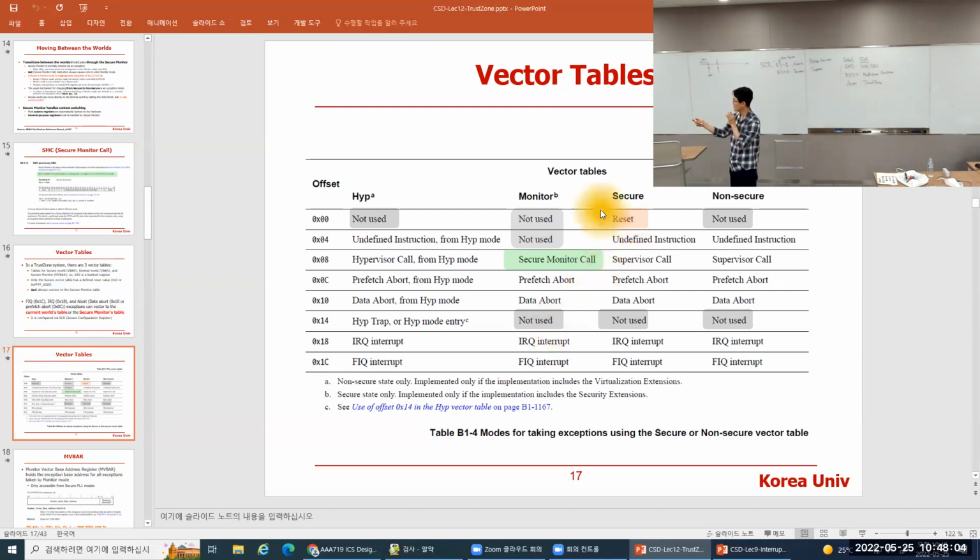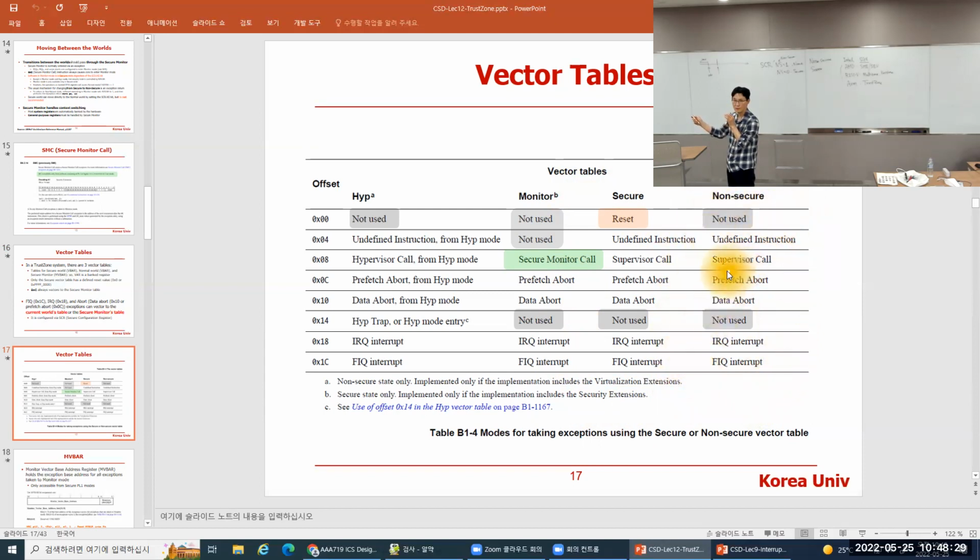So when you turn on reset, right? You reset, then you are using that interrupt or exception vector table in secure state. Then do some system initialization. Then probably you can switch to non-secure state to run some Linux operating system. So in non-secure state, you should have a vector table.